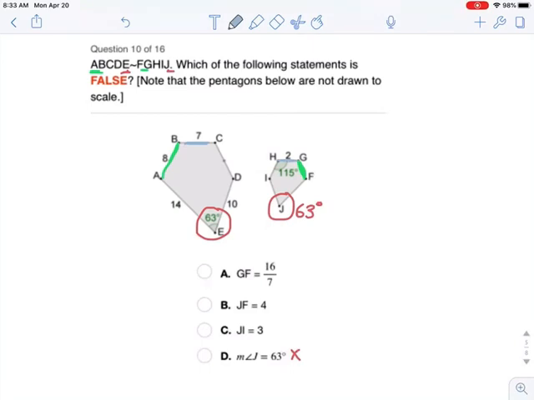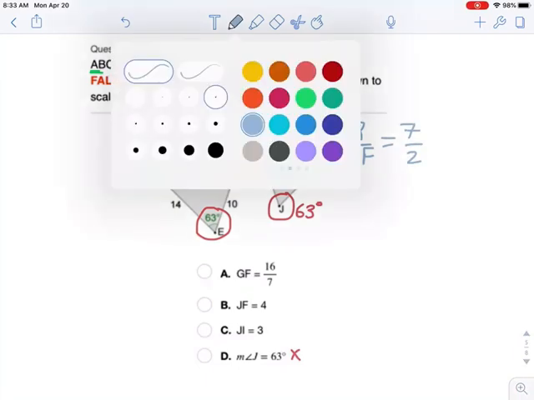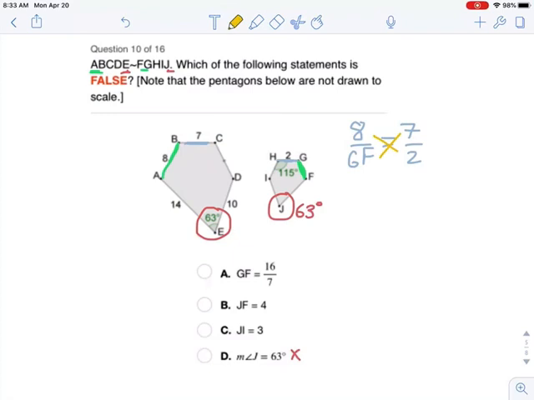So setting up some things, I can say, well, 8 over GF is equal to 7 over 2. Cross multiplying, we're going to get 16 equals GF times 7. Divide both sides by 7. GF equals 16 over 7. So that one's also true.